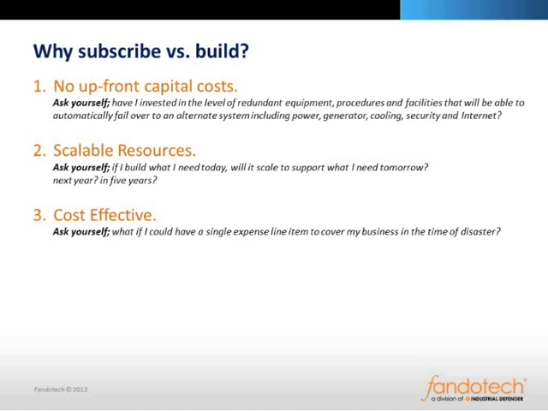How simple would it be if DR is paid for the same way as a utility, like your cable bill, or your phone lines, or your power? You got another line item there that's disaster recovery. It's a number that you know exactly the same every month until you change what needs to be replicated, whether you're adding things to be replicated or subtracting items. Say you decommission a host, yeah, your price goes down.